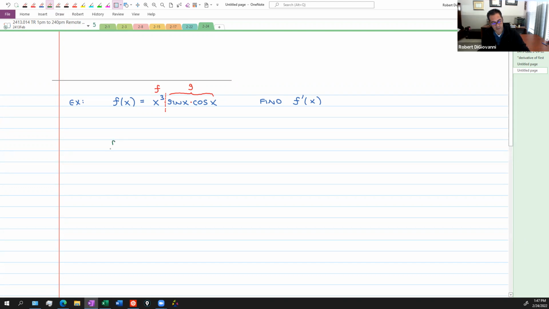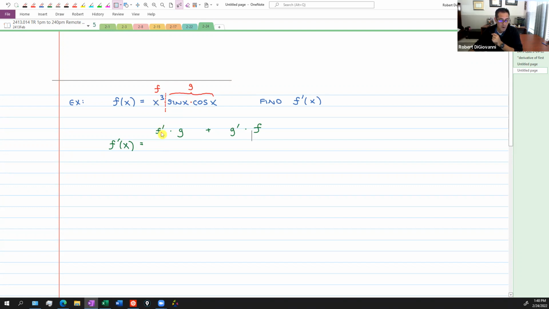So the derivative should be whatever f prime is times g plus whatever g prime is times f. Do y'all understand what I'm doing here? I'm saying, okay, I'm going to treat the first factor as f, and these two factors together are going to be g. And then I'm going to apply the product rule on these two pieces.